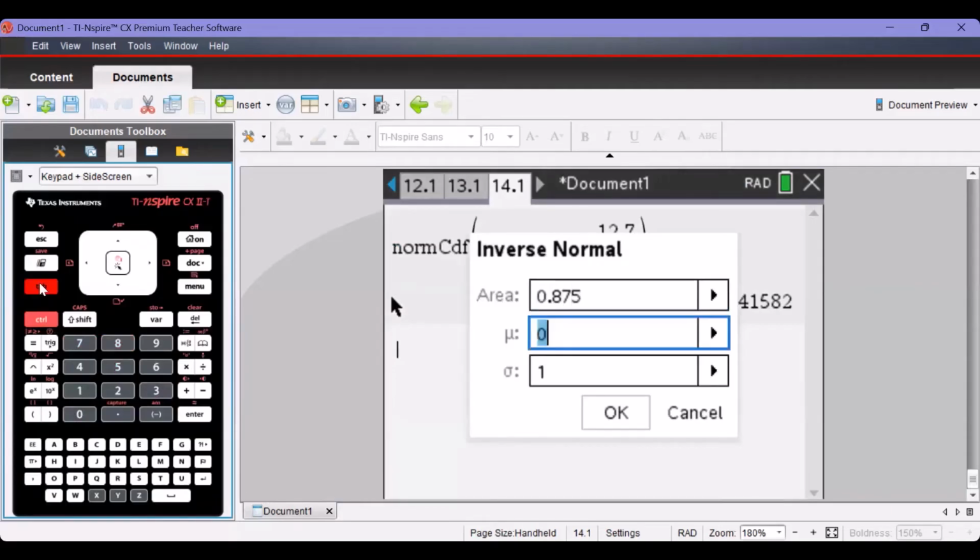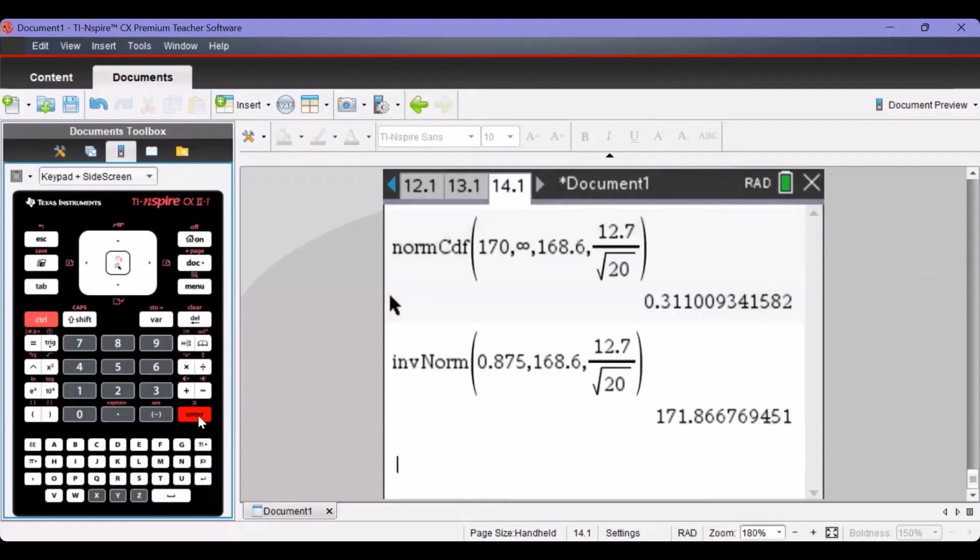Press tab. The mean is 168.6. Press tab. And the standard deviation is 12.7 divided by the square root of 20. Press tab to highlight OK and press enter.